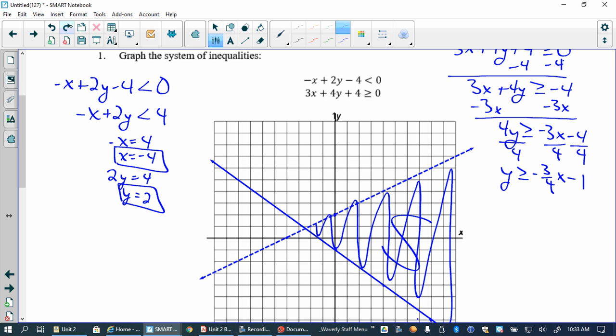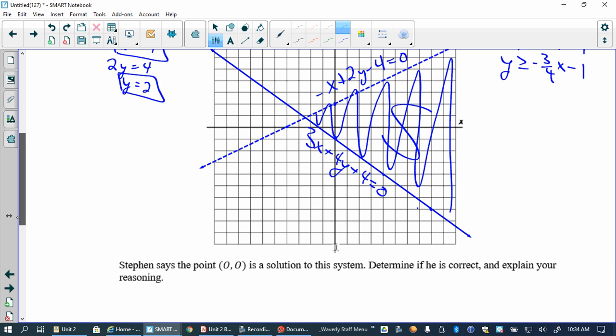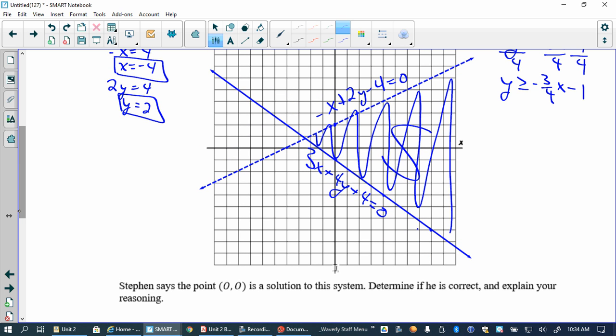Trying to get a hang of these? What's that follow-up say? Is he correct about 0, 0 being a solution? Yes, because it's in the shaded area. Just a solution set.